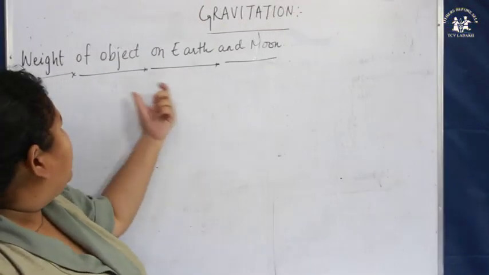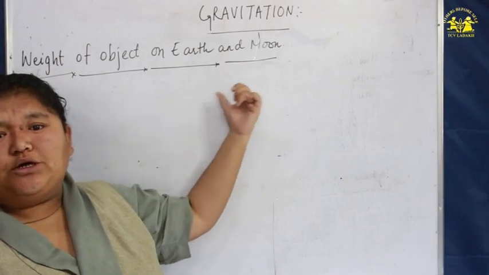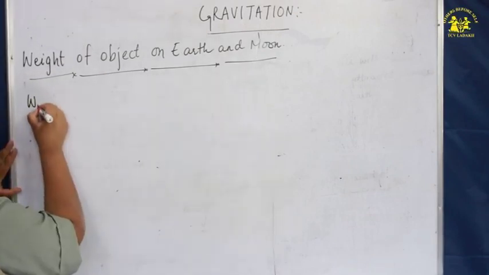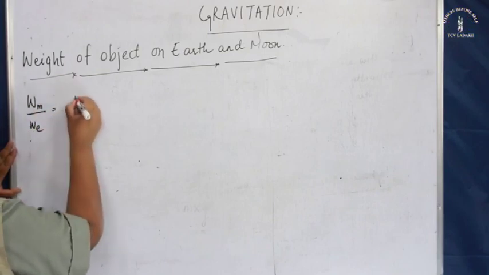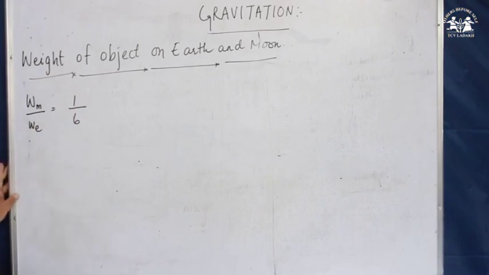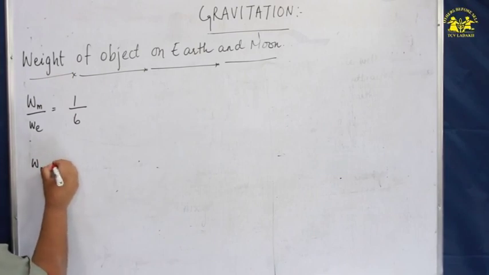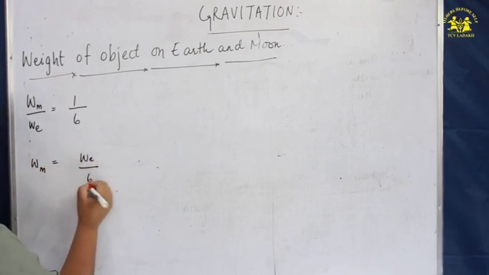Okay, so like we discussed, the weight of the object on earth and moon will not be the same, right? The ratio of weight of object on moon to weight of object on earth is approximately 1/6, that is 1:6. That means if we have to calculate the weight of object on moon, then we do weight of object on earth divided by 6.